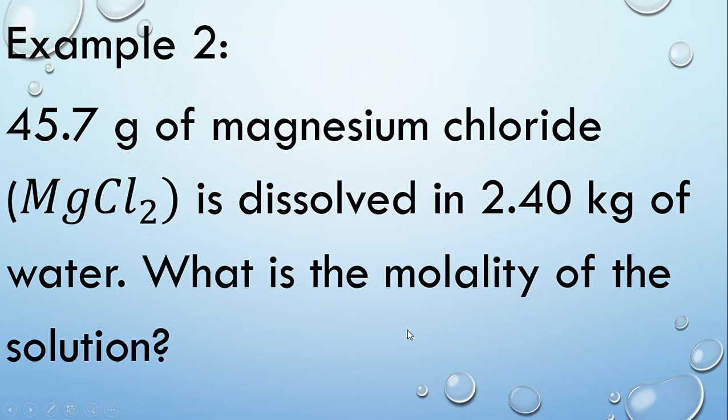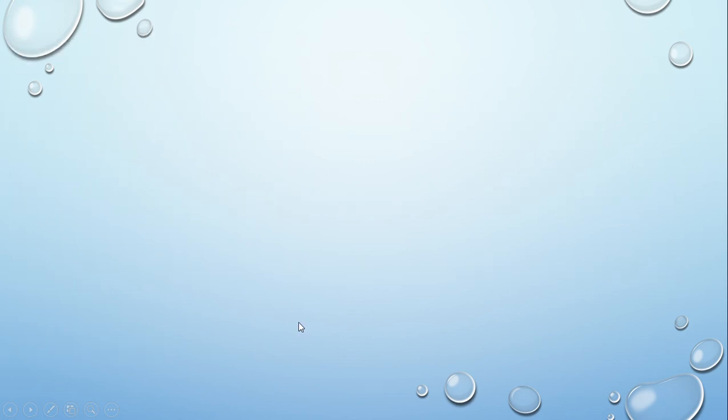Okay, so hindi na tayo mahihirapan dito kasi ang given mass ng solvent natin is in kilogram. Mahihirapan lang tayo dito when it comes into magko-convert ng mga units. Kapag ang given na mass ng solvent natin is in grams, then we need to convert it into kilograms.